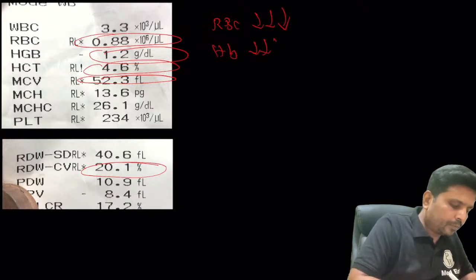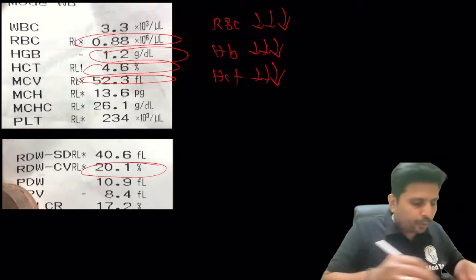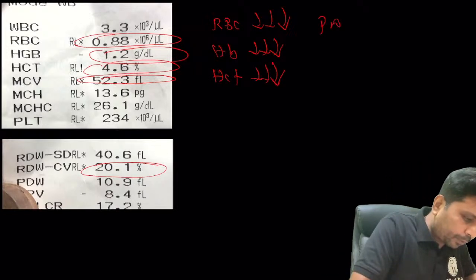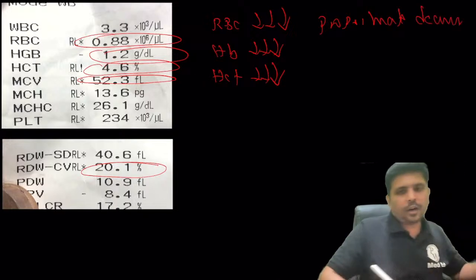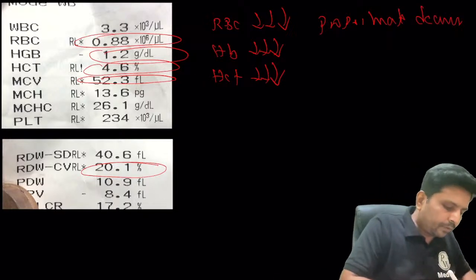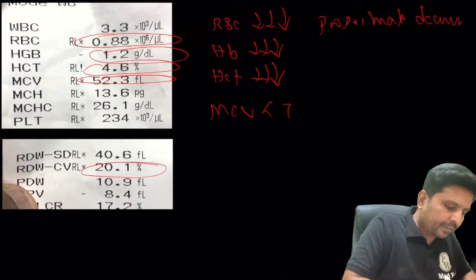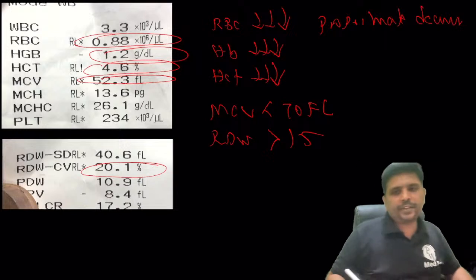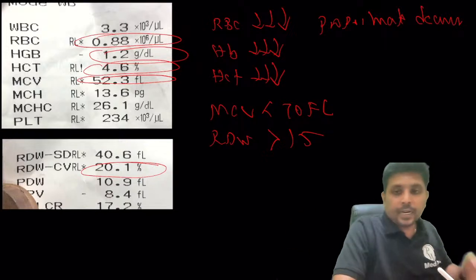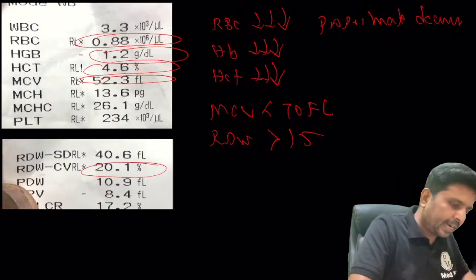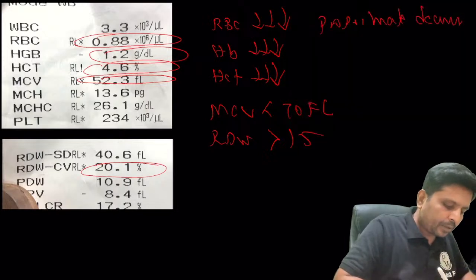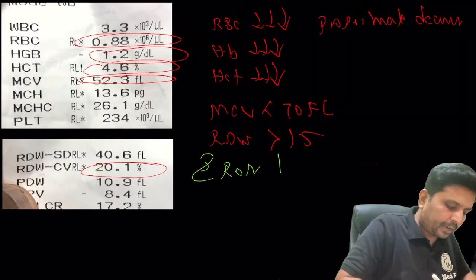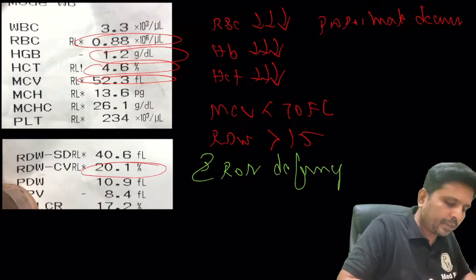There is a proportionate decrease of all three, along with MCV less than 70 femtoliter and RDW more than 15. Diagnosis: it is iron deficiency anemia.